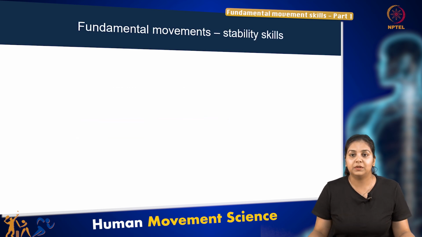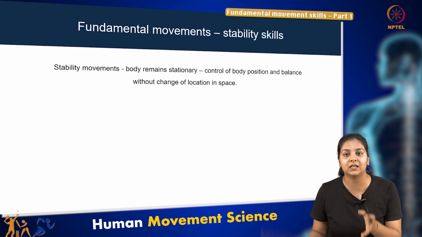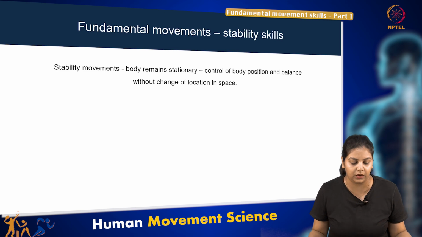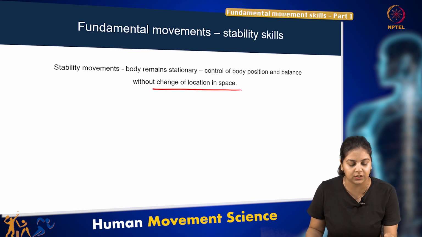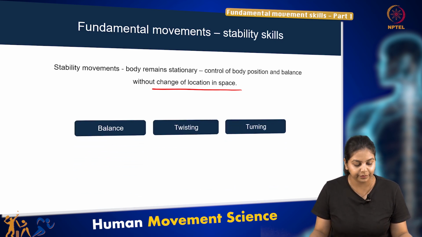So let's look at stability skills. While locomotor skills allow you to change body position or move through space, stability skills allow the body to remain stationary. They are skills where the body is stationary and there is control of position and balance, without a change of location in space. It has more to do with how you control the position of the body, maintain balance, or regulate control.